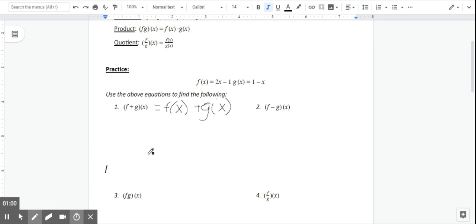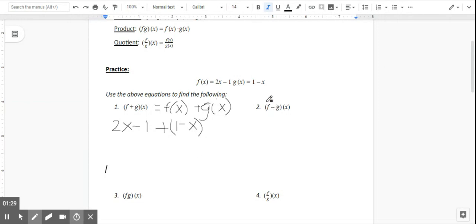So when we solve for this, we're going to take the f function, which is 2x minus 1, and we're going to add to it the g function. So I put that second function in parentheses because let's say this was a minus sign, you would want to distribute to the entire function. It's addition, so when we distribute that, it doesn't change anything, but it's just good to get in the habit.